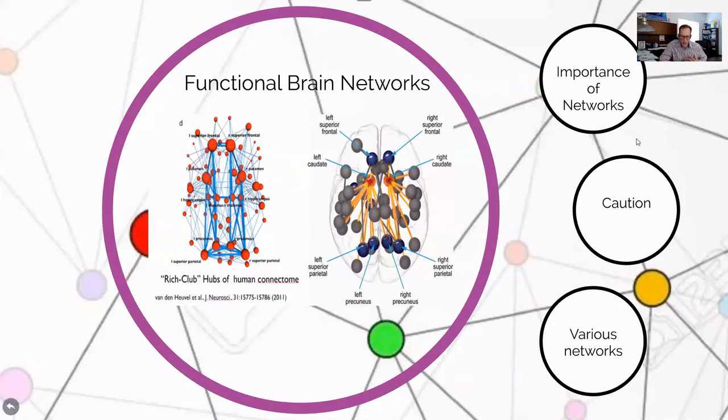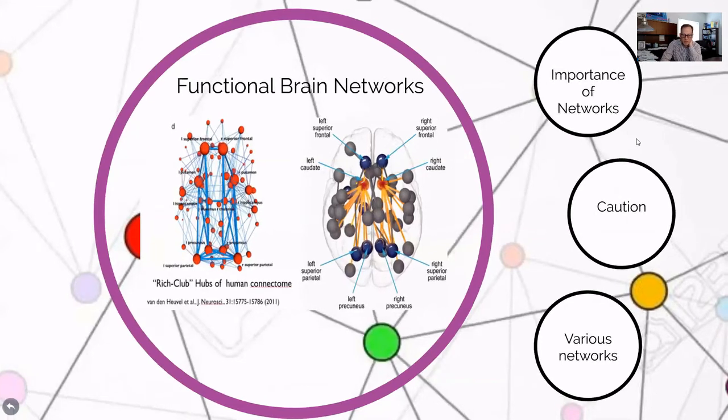This is a network that connects both superior parietal gyri to bilateral superior frontal gyri and incorporates the tip of the caudate on both left and right sides as well. And the connections between all these locations forms what's called the rich club of the human connectome, or the default mode network. That's what it looks like.